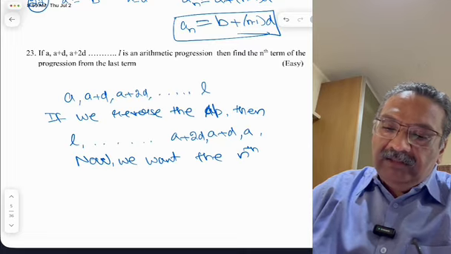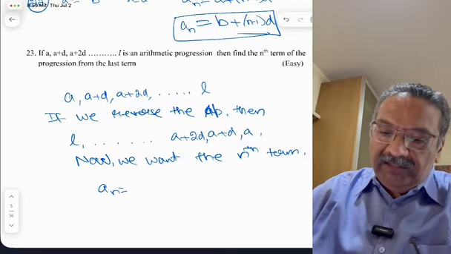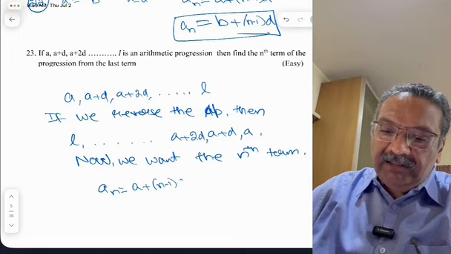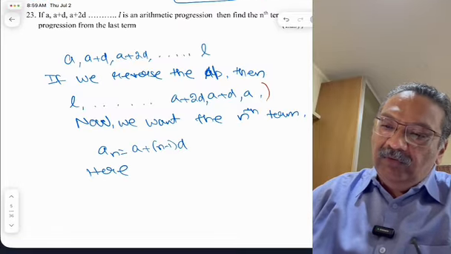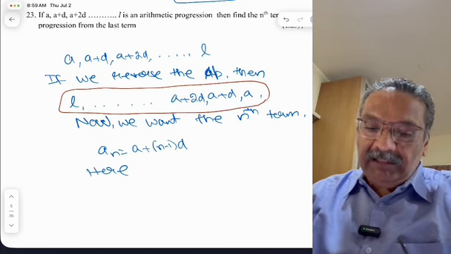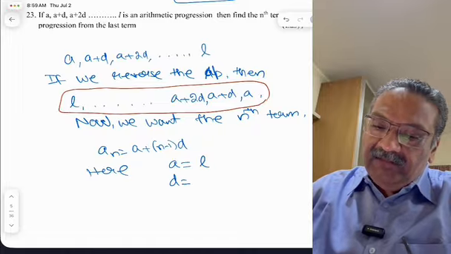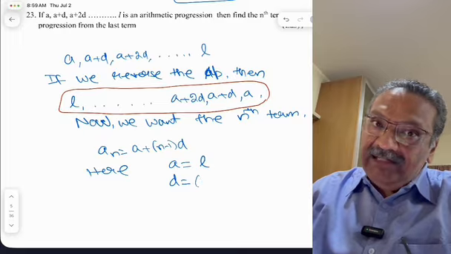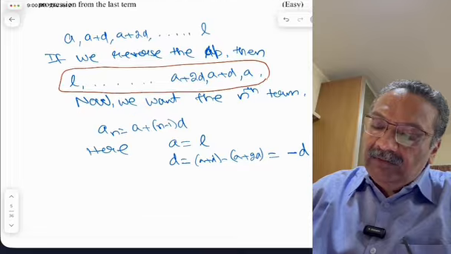Now we want the formula for the nth term, right? See, the normal formula for the nth term is an is equal to a plus n minus 1 d. But here in the new AP, from the end, we have flipped the AP. So here the first term is L and the common difference is minus d, that is a plus d minus a plus 2d, which is equal to minus d.